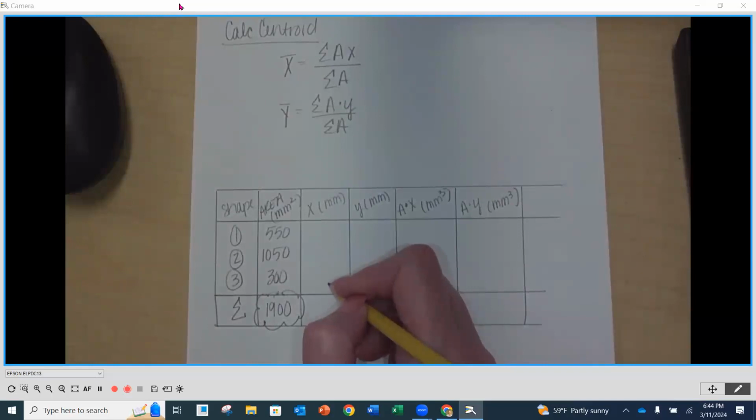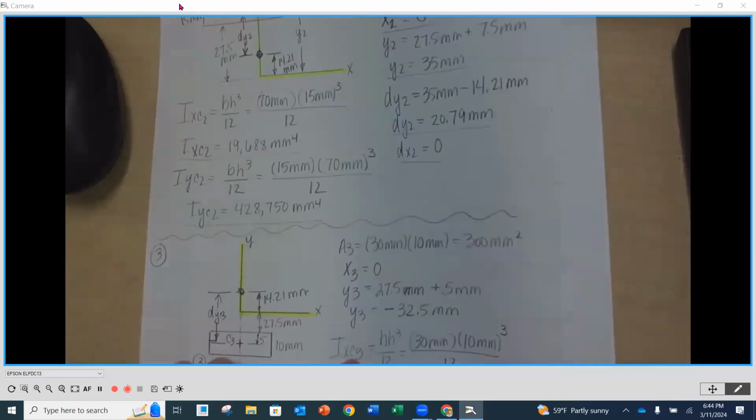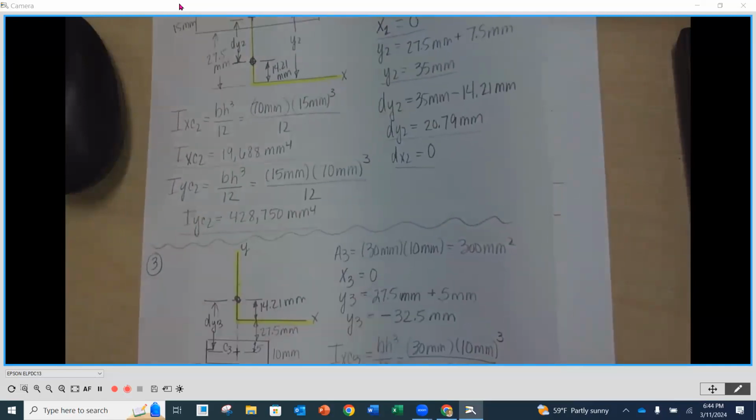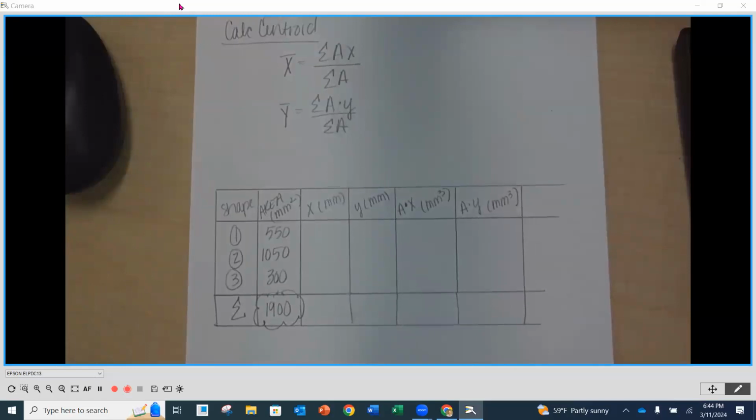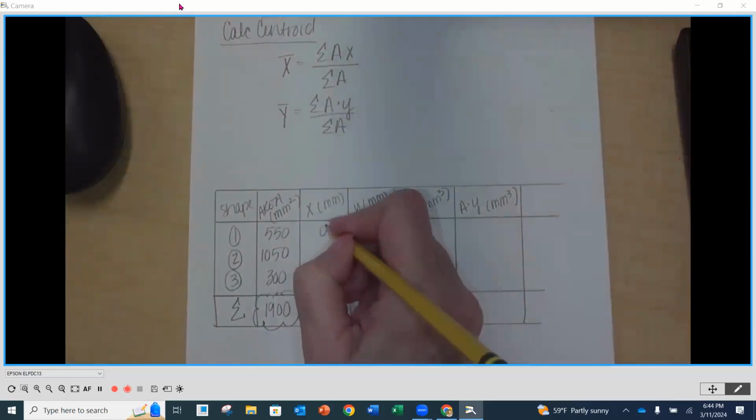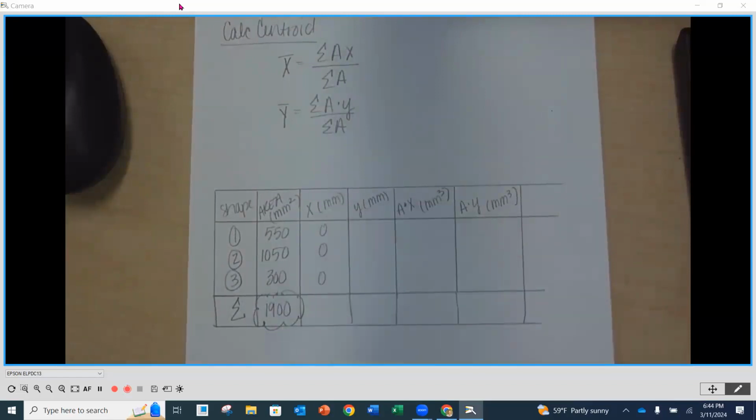Then we're going to put our X's in place here. If we go back and we look, each one of our X's was 0, and for shape number 1 as well, because they fell right on the Y-axis, all of them. So these can all be 0.